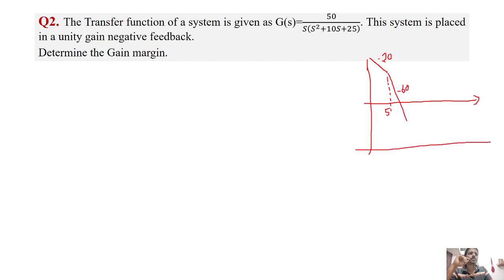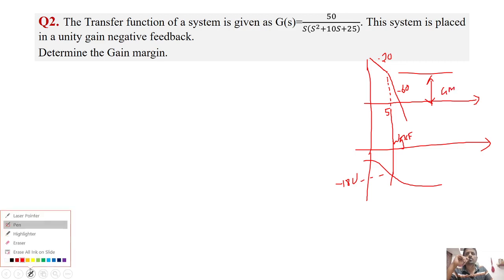So what is the phase? Phase will be somewhat like this. At a particular frequency we got it to be minus 180 degrees. So we just need to find what is the gain at that frequency, omega PC, the phase crossover frequency. Whatever is the gain at that crossover frequency, that is the gain margin, right? So that's what we are going to do.